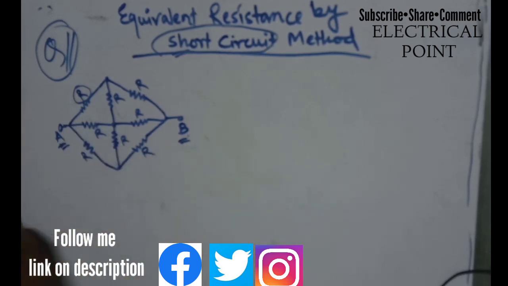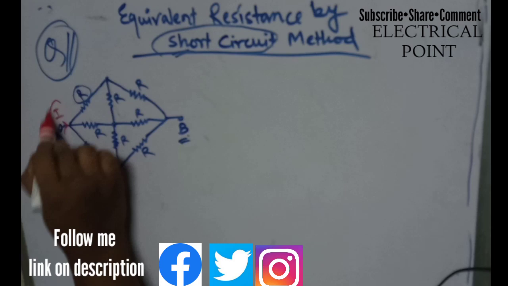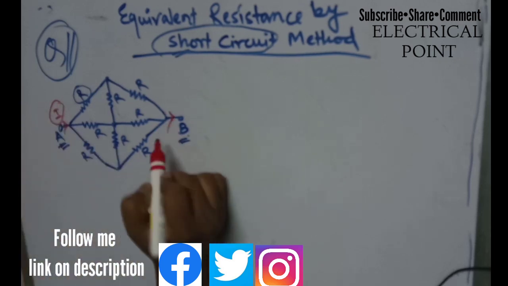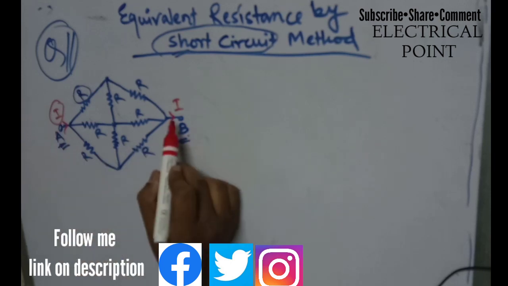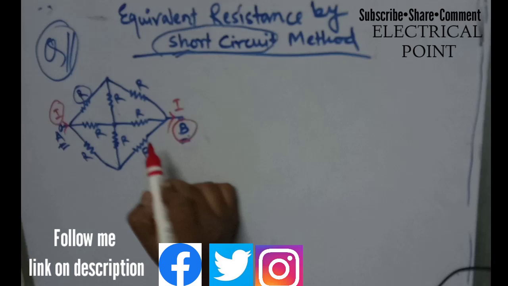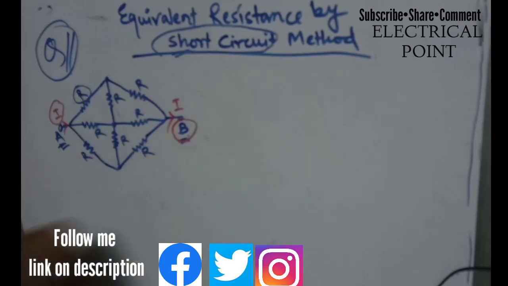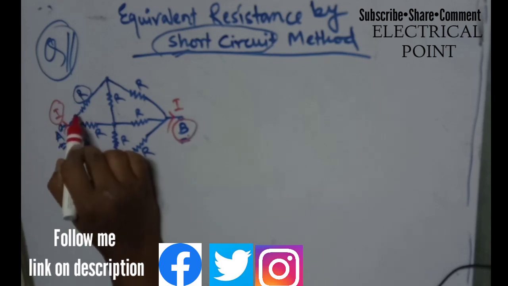Now according to Kirchhoff's current law, if a current I enters a circuit, then this much current must also leave the circuit. So if I current enters through point A and comes out through point B, there is a junction here and this current will divide into three parallel paths.